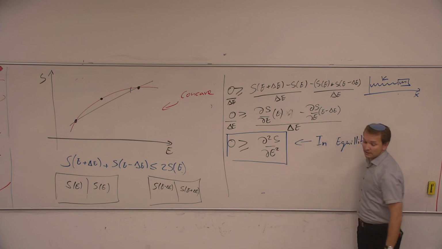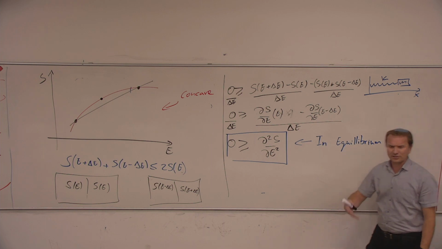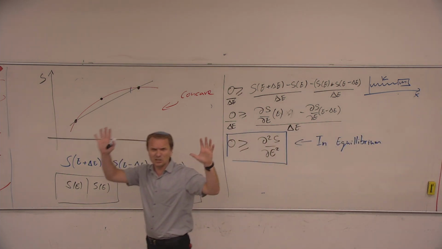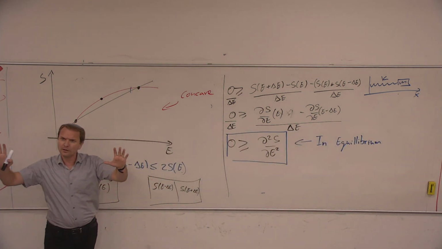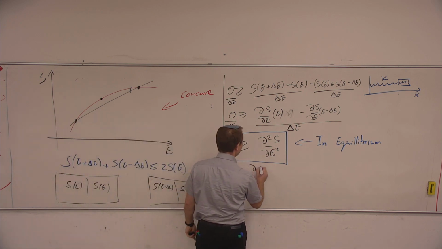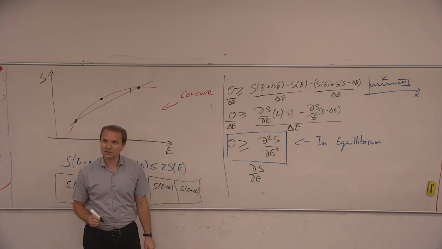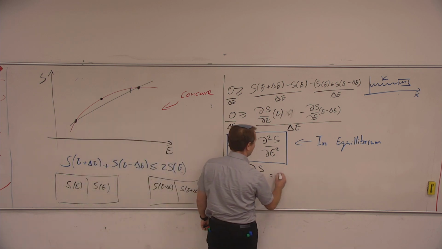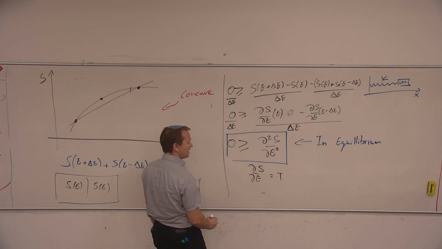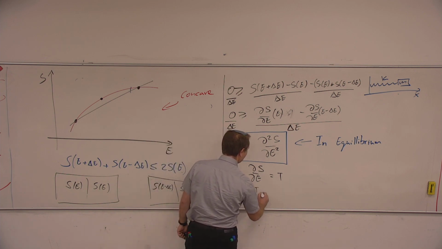Now, this goes even further, because you remember the stability conditions were about intensive parameters. What is dS/dE? Temperature. So what we are getting here is dT/dE smaller than 0.